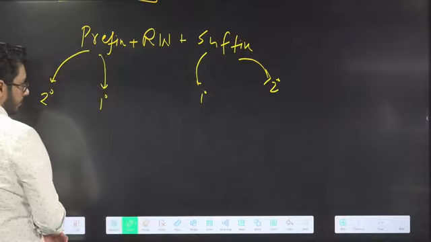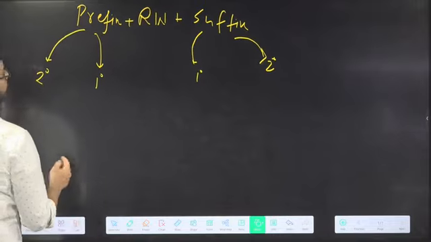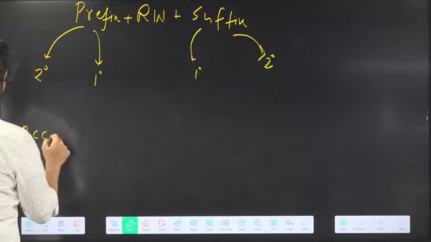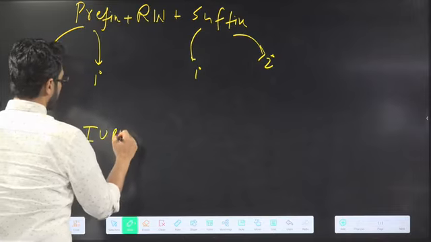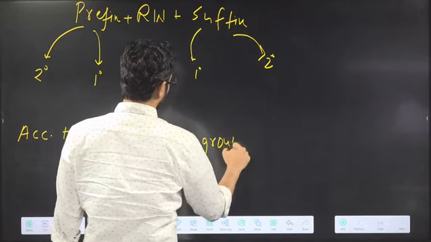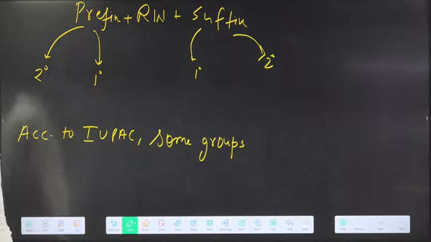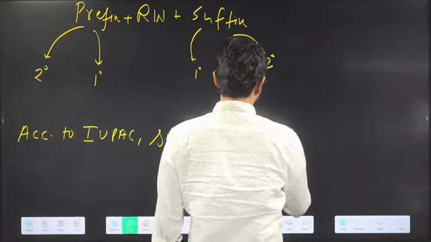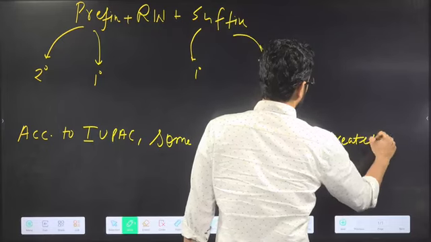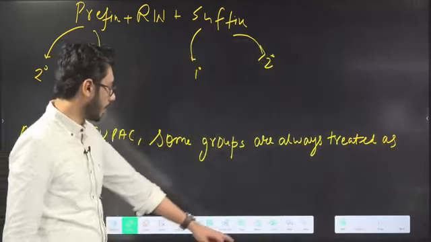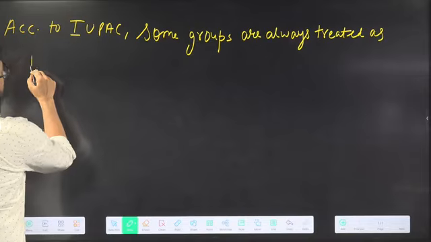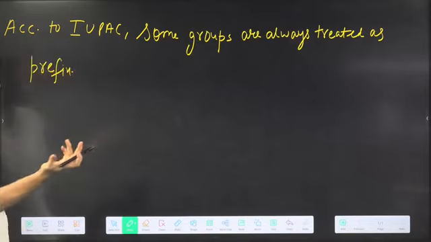Then write down: according to IUPAC, some groups are always treated as prefix. Basically secondary prefix.